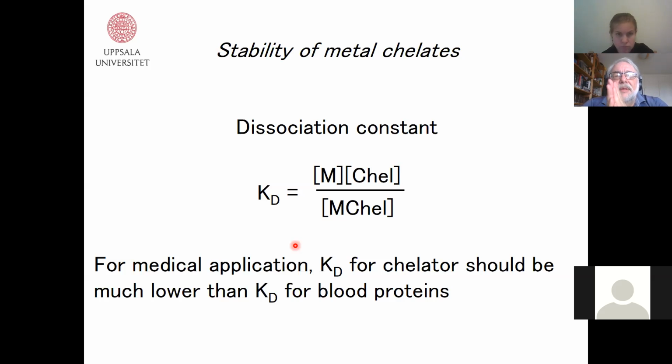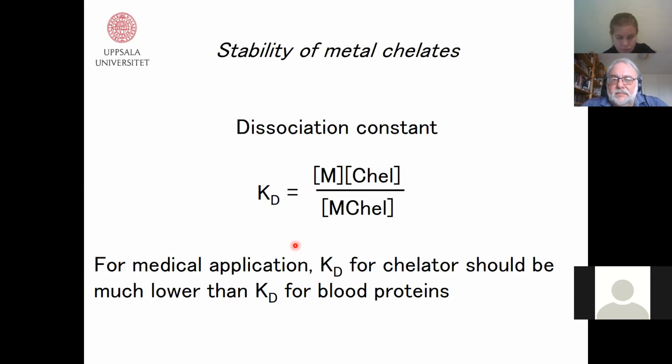Usually to characterize the stability, one uses minus logarithm of KD. And let's say a minus logarithm of KD of 20 is a minimum requirement for stability of such complexes.